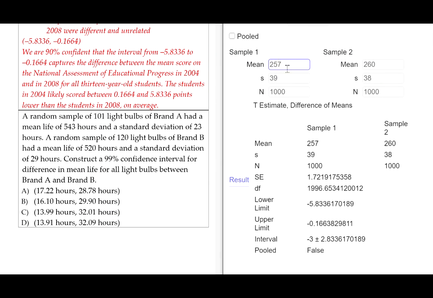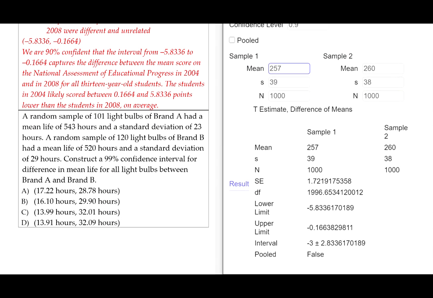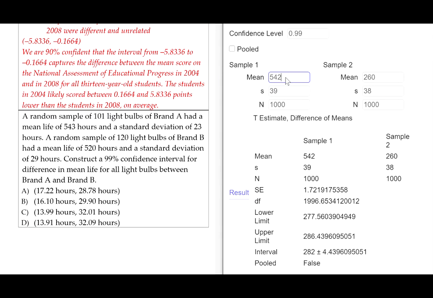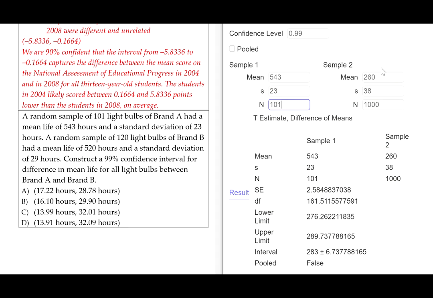All right, so we're going to enter in the information that we have. Our confidence level now is 99%, so 0.99. Our first group, brand A, had 543 as its mean, 23 as its standard deviation, and 101 as its sample size.